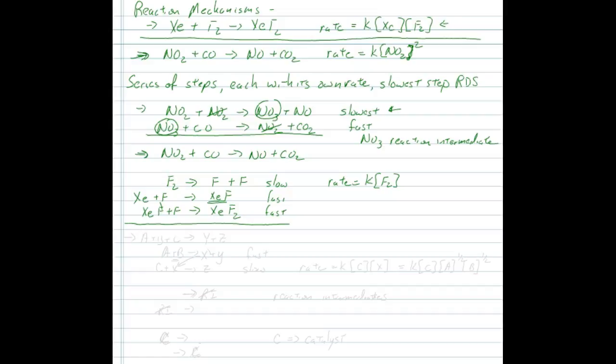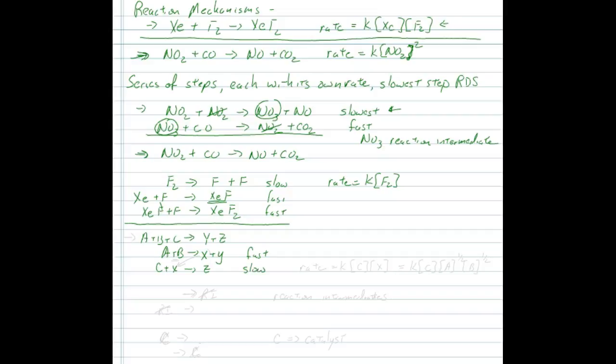If you have something like A plus B yields X plus Y, and the overall reaction is A plus B plus C yields Y plus Z, and A plus B yields X plus Y is fast, and then C plus X yields Z, and that's the slow step.